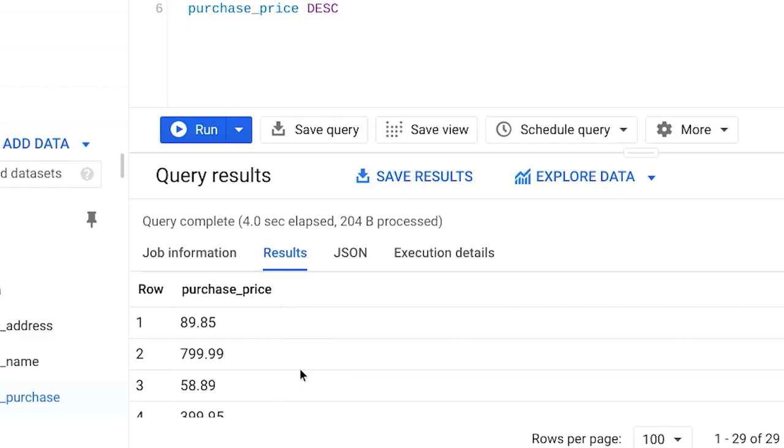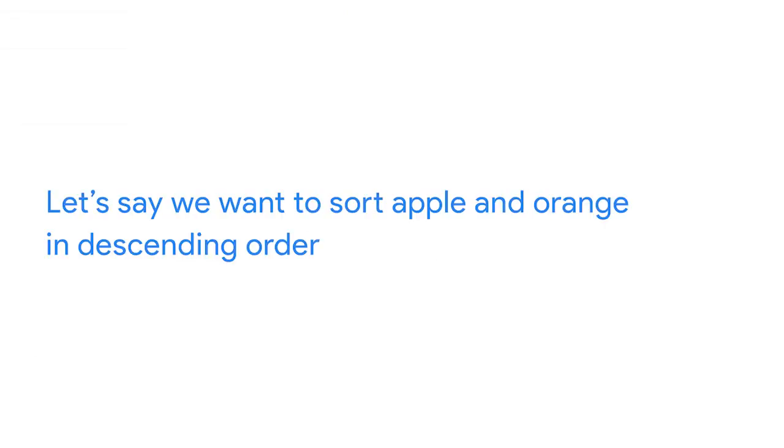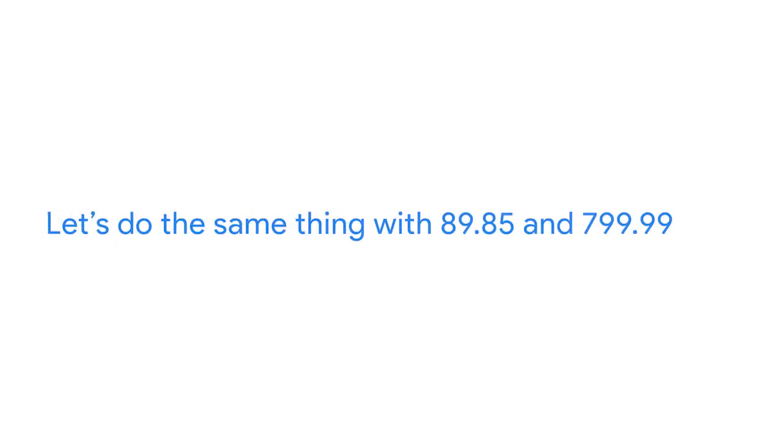When we sort letters, we start from the first letter before moving on to the second letter. So if we want to sort the words apple and orange in descending order, we start with the first letters, A and O. Since O comes after A, orange will show up first, then apple. The database did the same with 89.85 and 799.99.